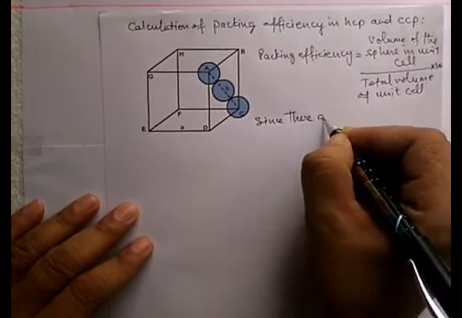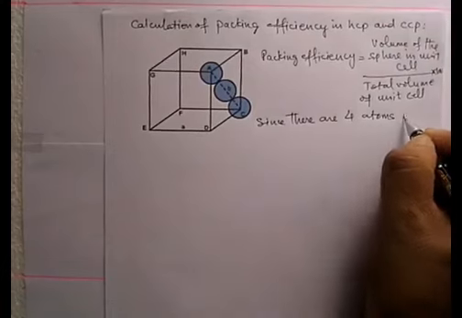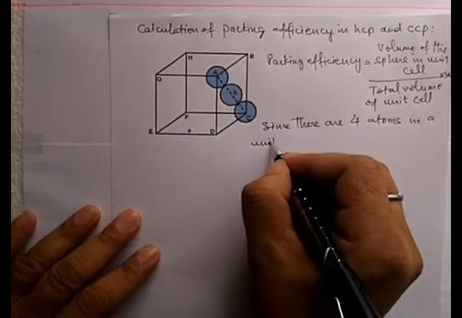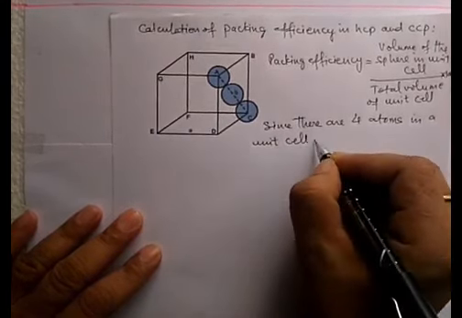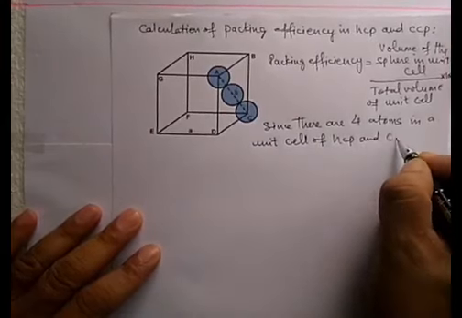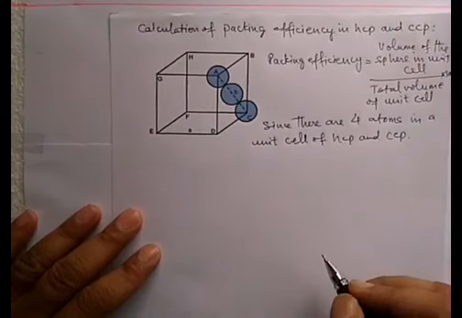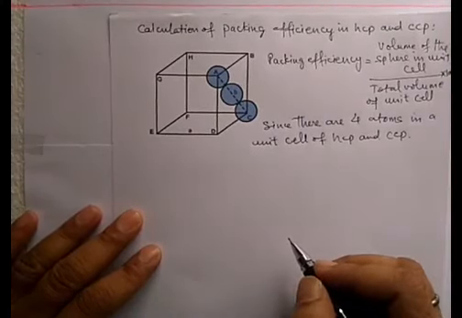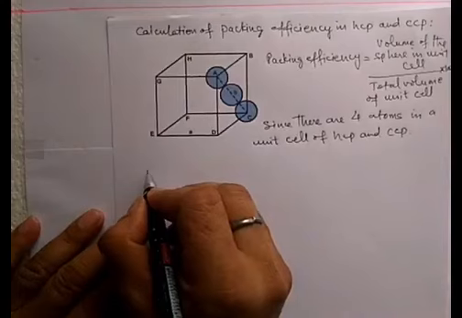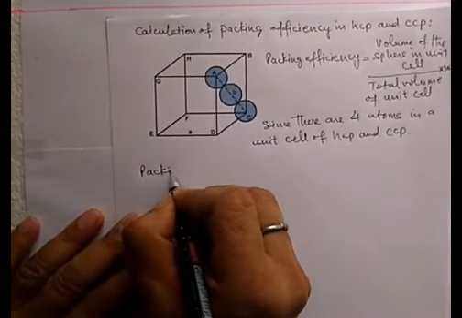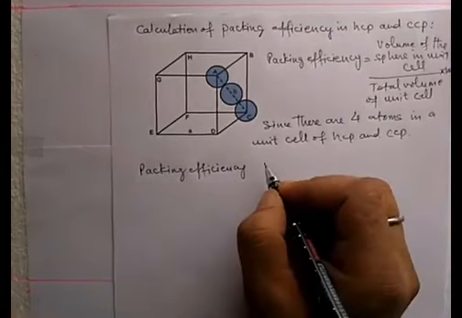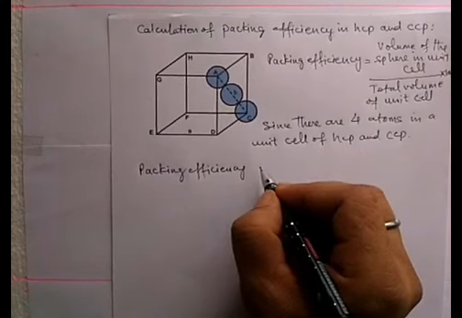So there are 4 atoms in a unit cell of HCP and CCP. This you already know, you have already calculated, so we are using those values over here. Therefore the packing efficiency will come here again. We will take count of those 4 atoms.